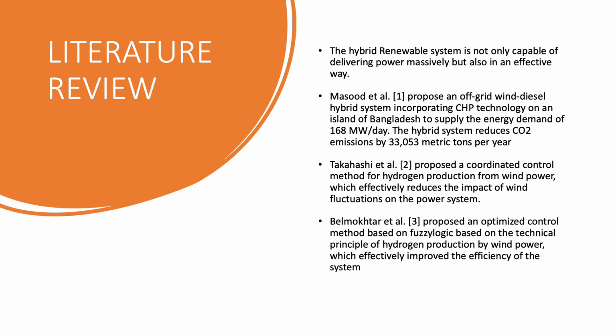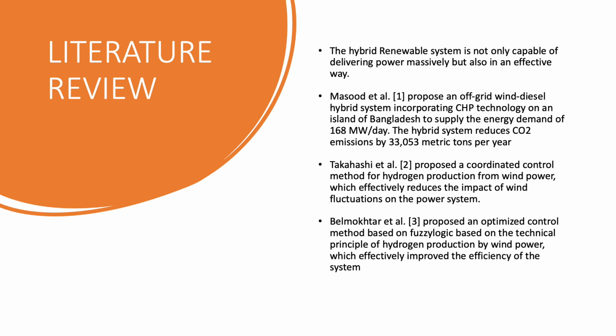The hybrid system was then able to reduce CO2 by 33,053 metric tons per year, which is of course a very important consideration when we are implementing our hybrid system at Nain, Labrador.